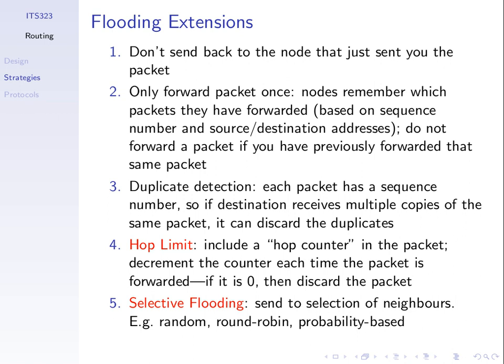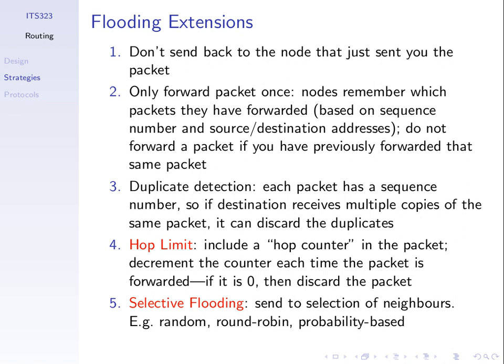Node 1 sends to 2, 3 and 4 because they are the neighbours of 1. Then node 2 sends to its neighbours. But there's no point in sending directly back to node 1 because node 1 just sent a copy to 2. 2 doesn't need to send back to who sent the packet to it.